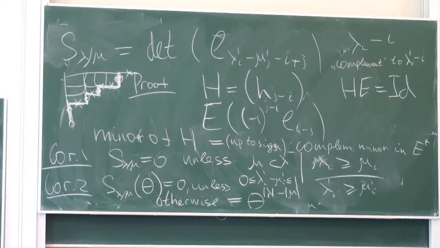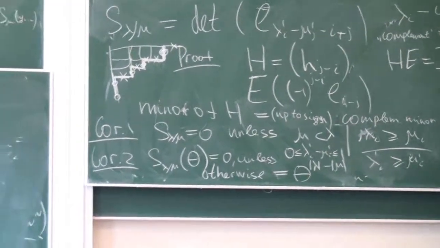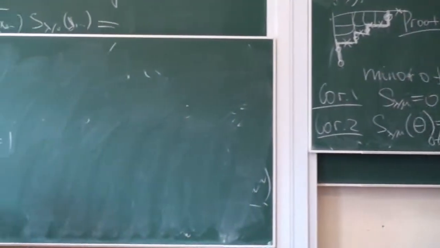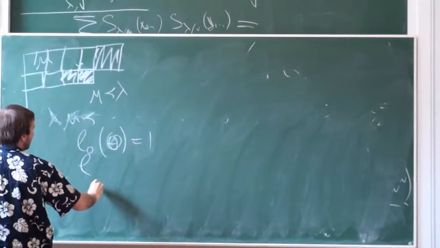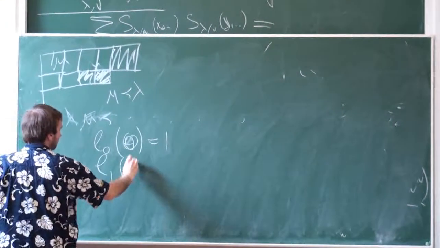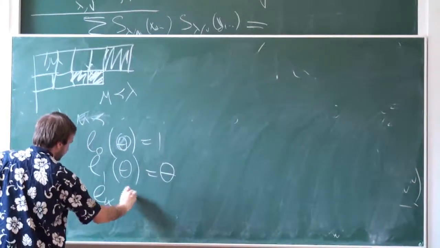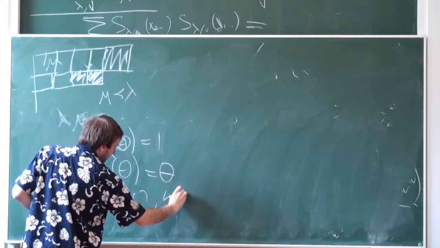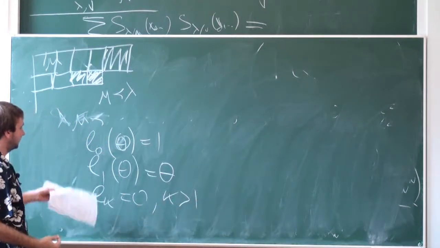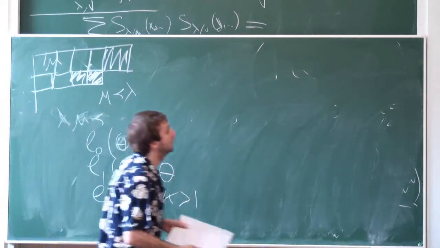Okay, so how to prove this? To prove this, note that when we evaluate in one variable, the elementary symmetric polynomial 0 in one variable is 1. The elementary symmetric polynomial first one in theta is theta, and all greater ones are 0. So this is just by the definition.